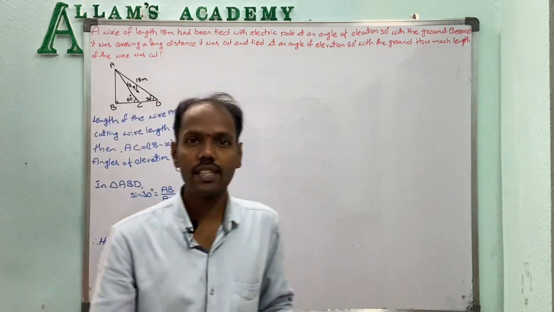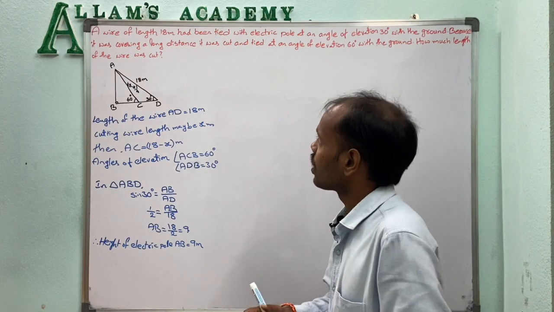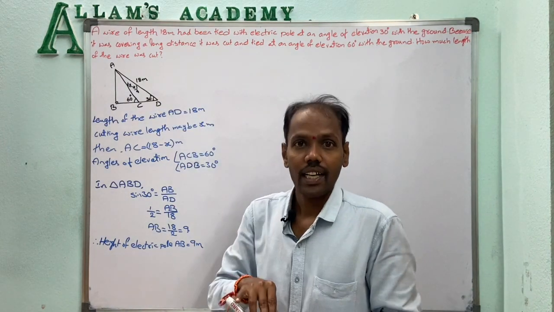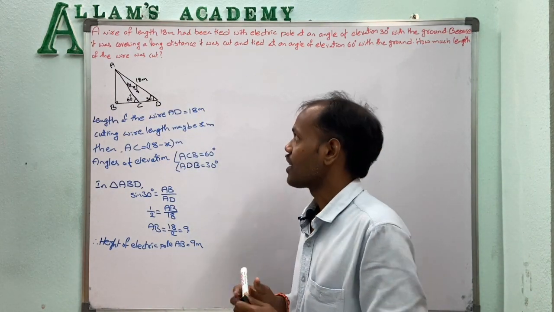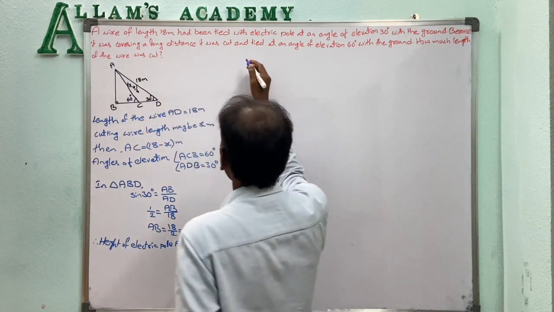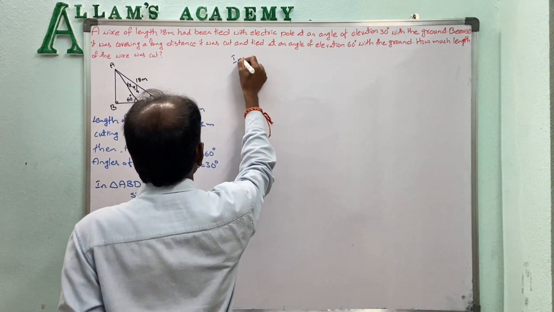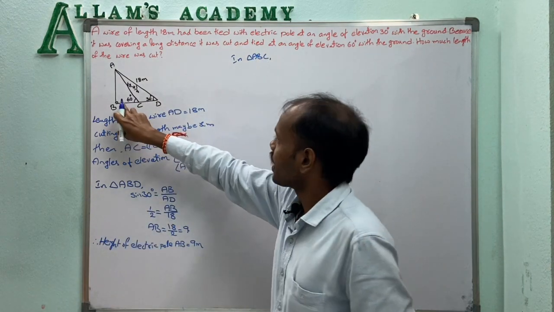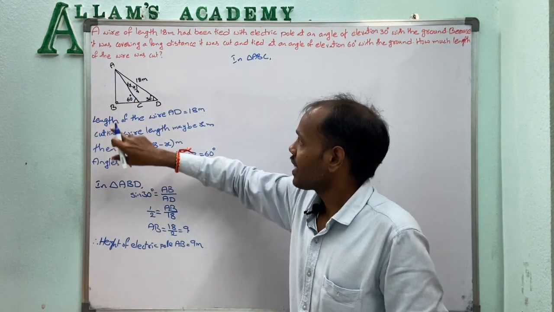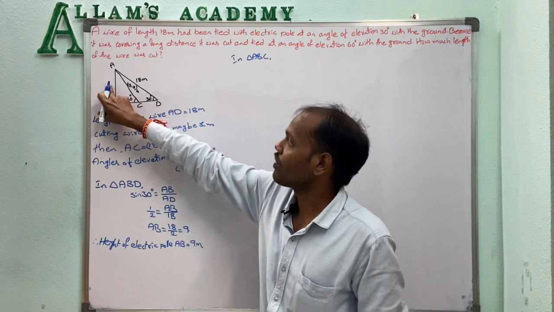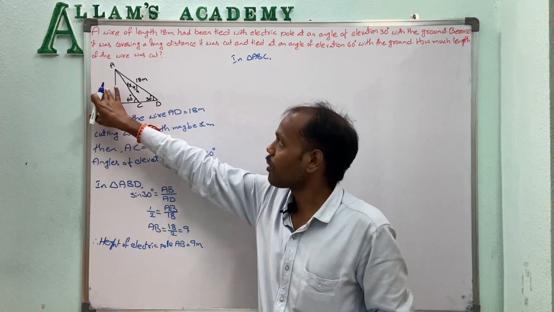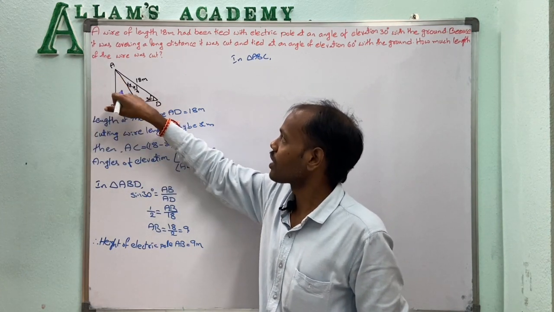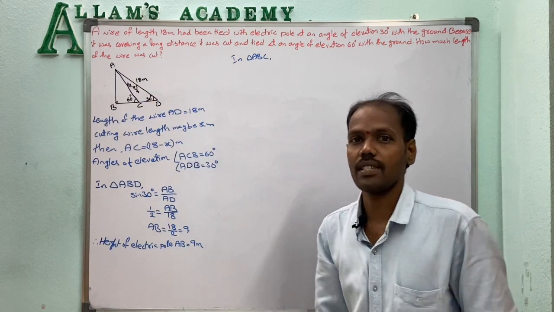Now by using this AB length, we find the length of wire after cutting. So that will be taken from triangle ABC. In triangle ABC, we know 60 degrees, AB value we know, that is the opposite side, and the hypotenuse AC value is 18 minus x.